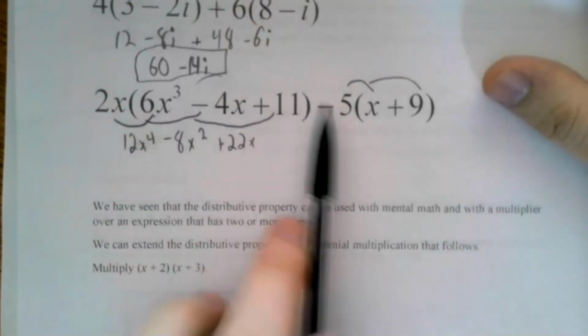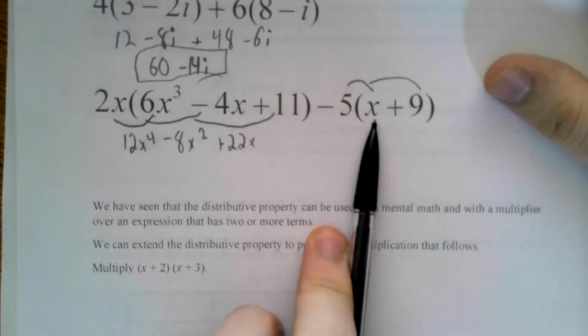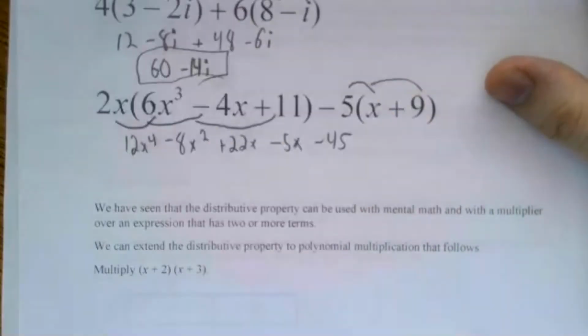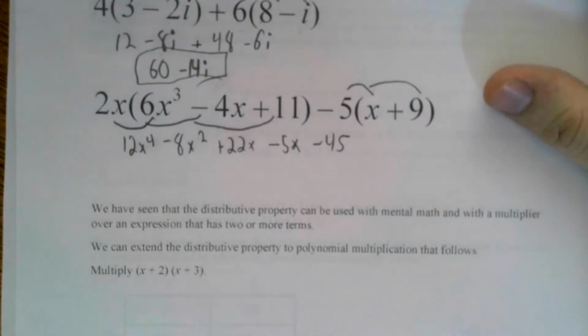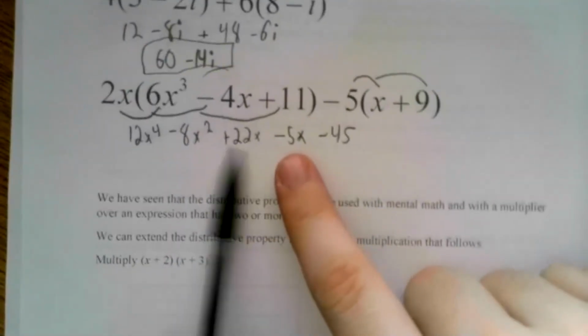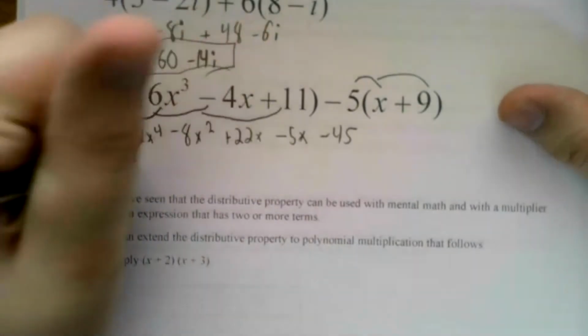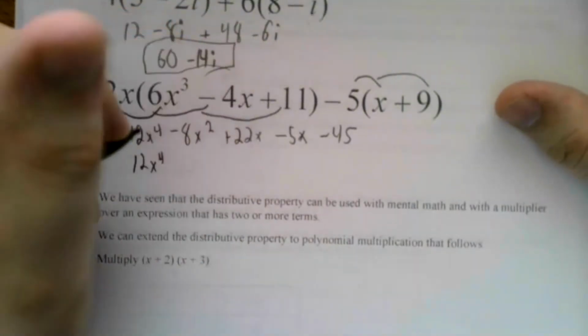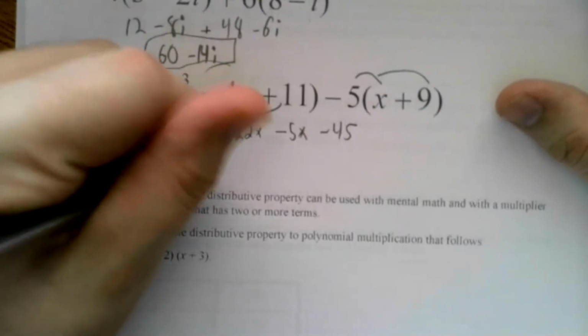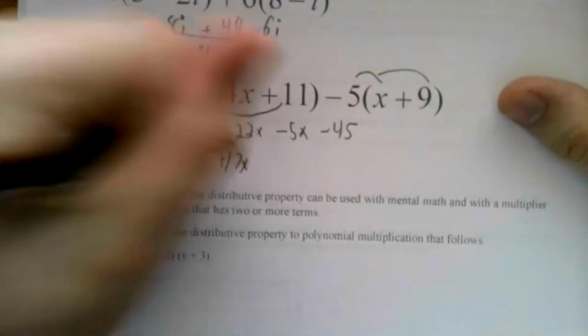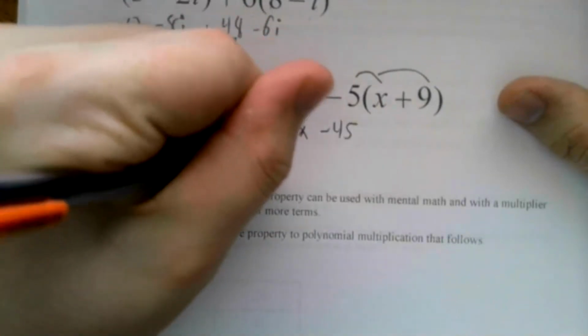Okay, so that's the first one. Then we get negative 5 multiplied by x, which is negative 5x. And then negative 5 multiplied by 9, we get a negative 45. Okay. And now we can combine like terms, right? So the only ones that I see are just these two right here. So combine those two. So I'm going to rewrite: 12x to the fourth minus 8x squared plus 17x minus 45.